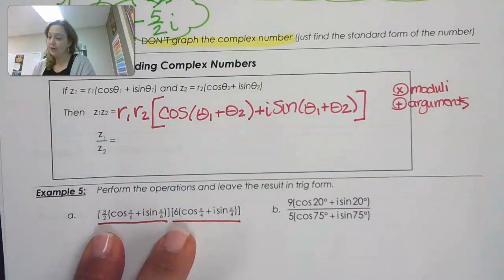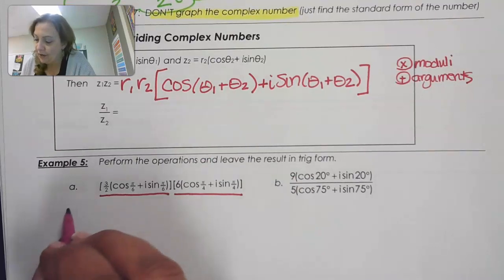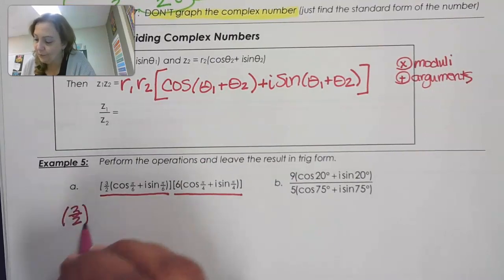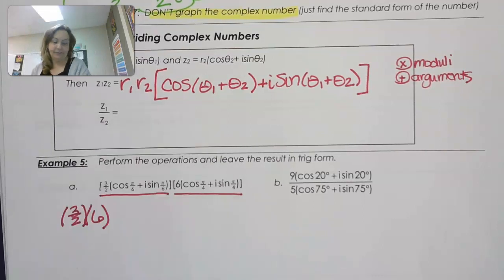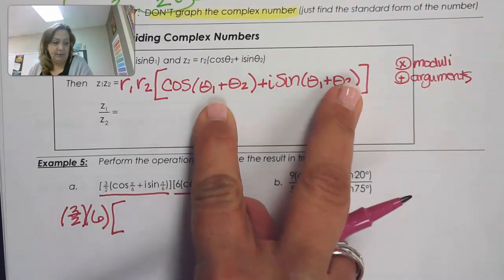So we want to start by multiplying the two moduli. Our moduli here are the 3/2 and the 6. Now we want to add the arguments.